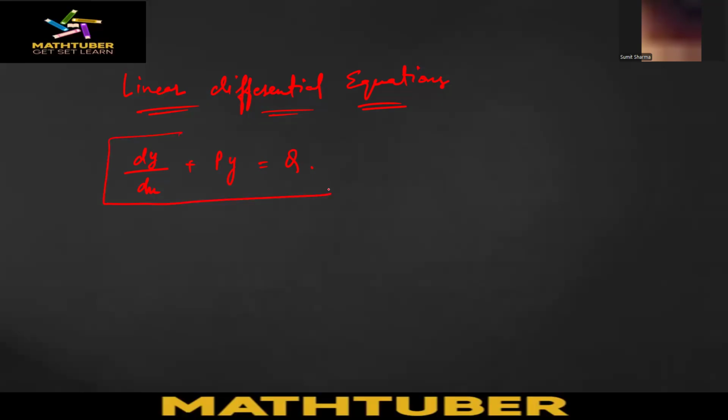So we have to change the whole equation into this form. This is the standard form for a linear differential equation, and we have to find the values of p and q first, right? After that, if we have got the values of p and q, then we will have to find out the integrating factor denoted by IF. So it is integrating factor, which is e raised to power p dx, right?